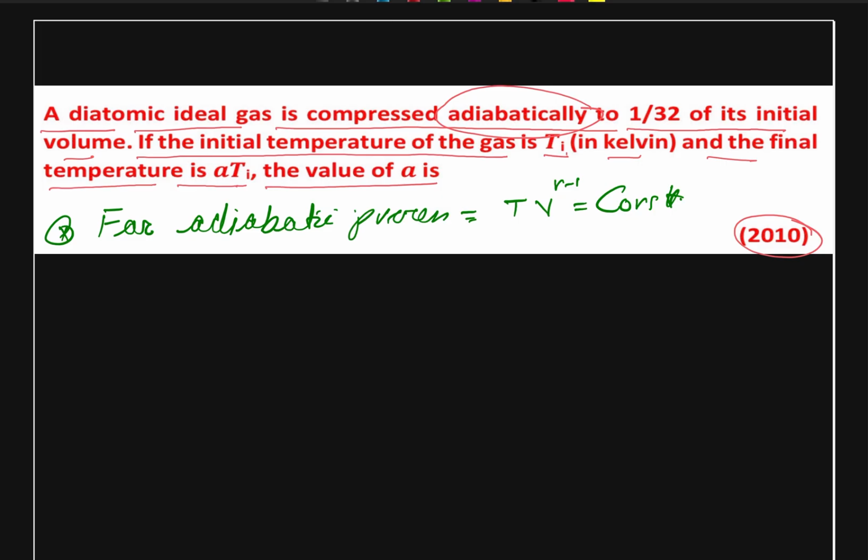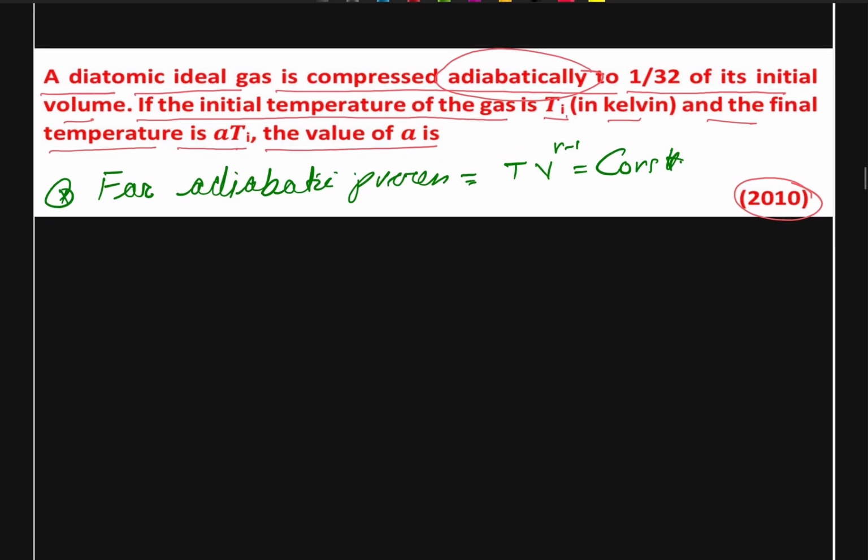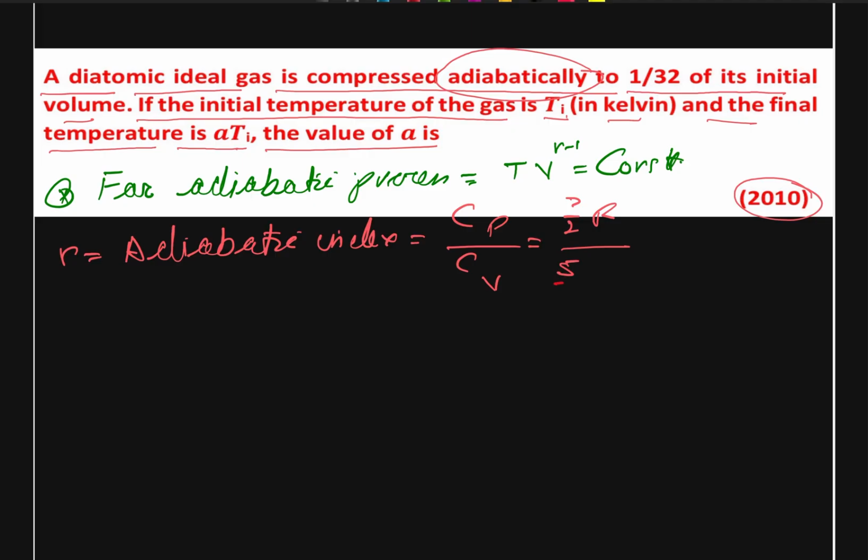And we know gamma is the adiabatic ratio or adiabatic index, which is nothing but C_P upon C_V, and we already know their respective formulas, that is 7 upon 2 times R and 5 upon 2 times R. Here 2 and R cancel out, so this ratio comes as 7 upon 5.